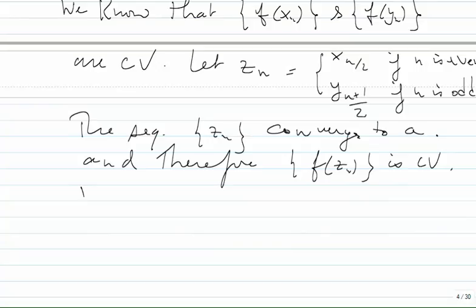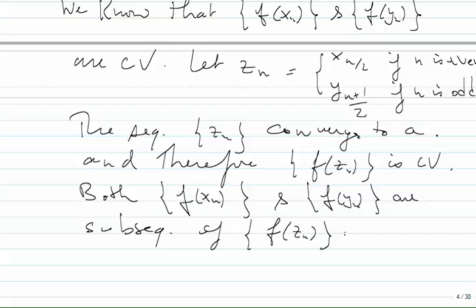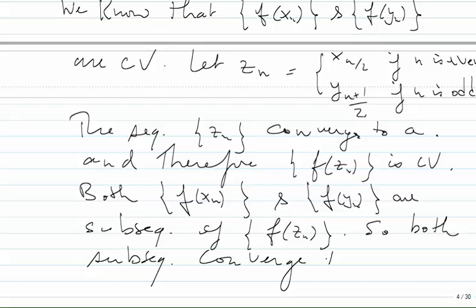So both f of xn and f of yn are subsequences of f of zn. Therefore, they both converge, and they converge to the same limit.